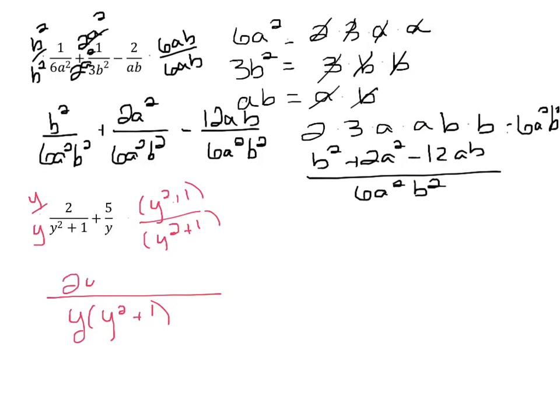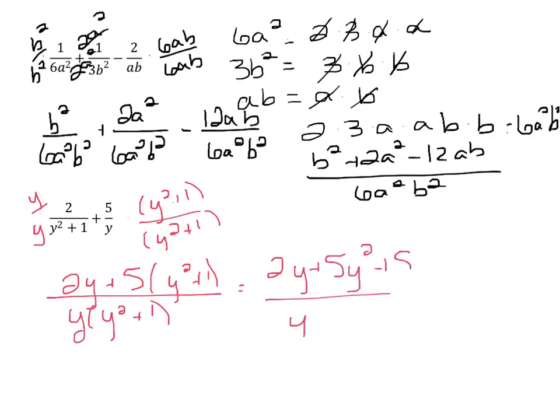You get 2y plus 5 in parentheses y squared plus 1. Again, this numerator can't be factored, so this is a simplified answer.